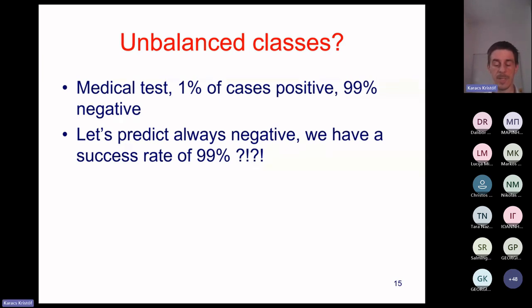So for example, in medical tasks, it's very typical that a disease only occurs with 1% of the test samples, whereas 99% of them are negative.